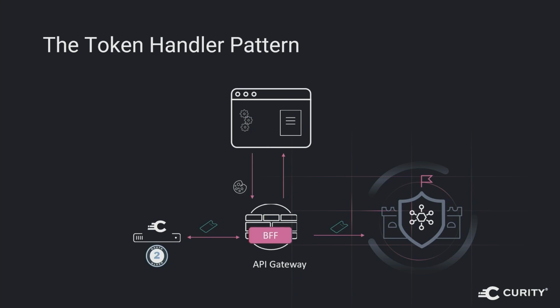But what it does is it takes over the responsibility for communicating with the OAuth server and communicating with the API. It turns this token session into a regular cookie session and translates that into tokens when it's time to call the API or when it's time to refresh. There's a lot more details on that, of course. It's completely stateless. It doesn't need a backend. It does everything using cookies.